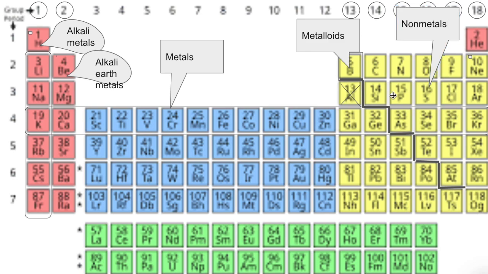These are all non-metals. Just anything over here that is not a metalloid, or anything connected to these, except aluminum and this one. And that pretty much sums it up. Till next time.